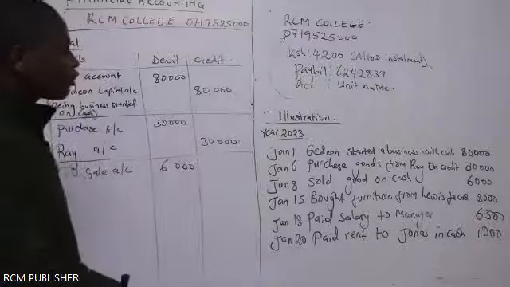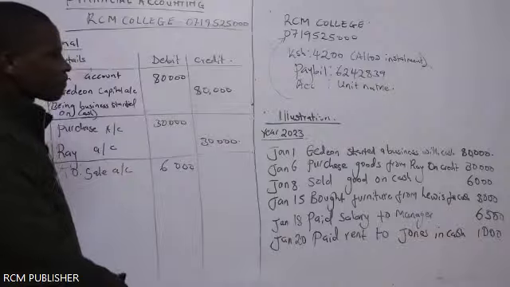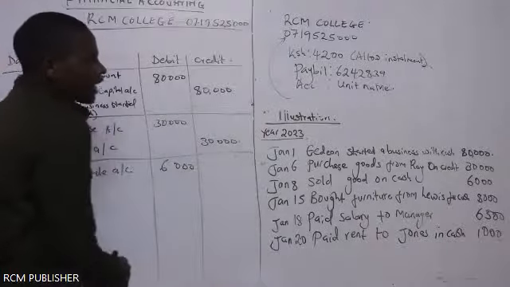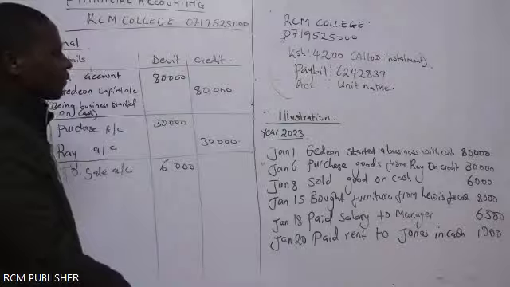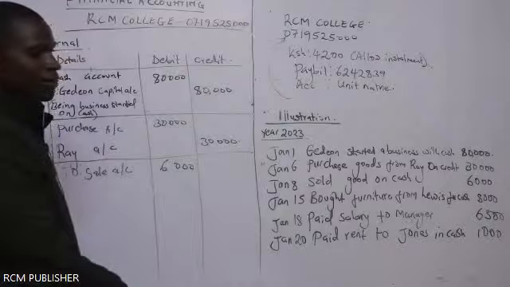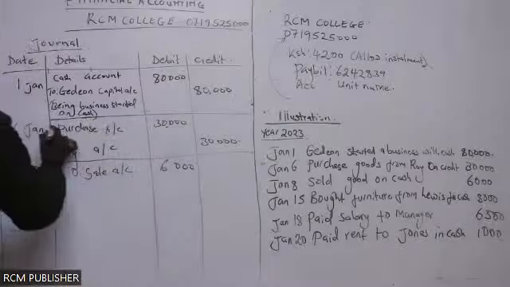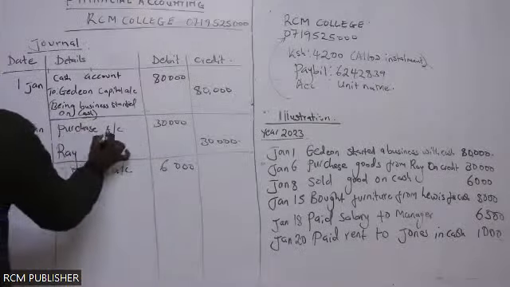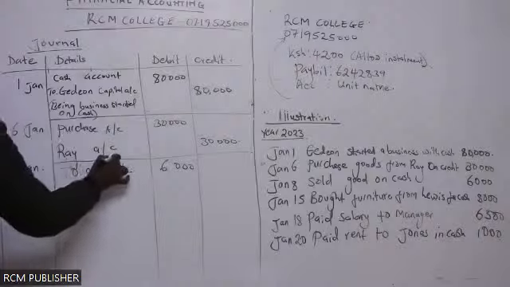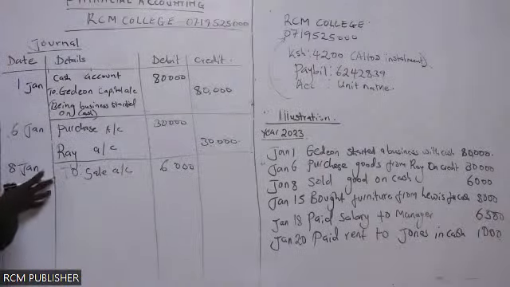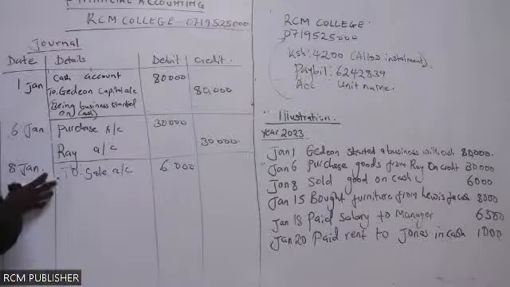Okay, can you look at that transaction? On Jan 6, we purchased goods from Lay on credit. We just debited the purchase account, and then credited the Lay account. Now on Jan 8, we sold these goods.